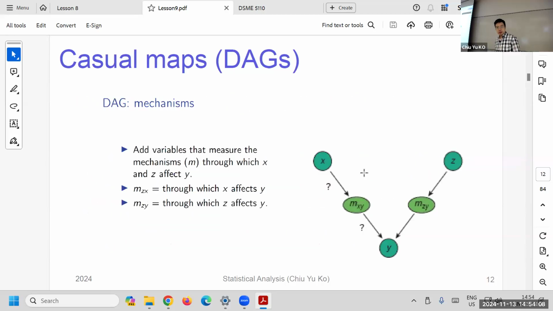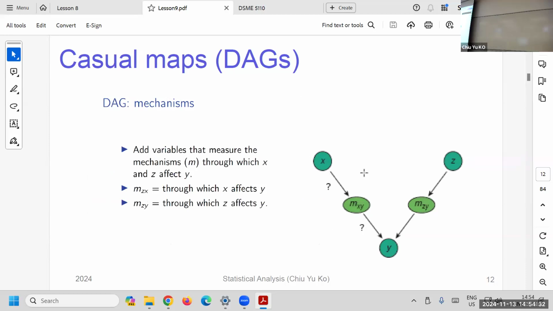Okay. For example, y can be your income, right? And x may be education, or IQ, right?